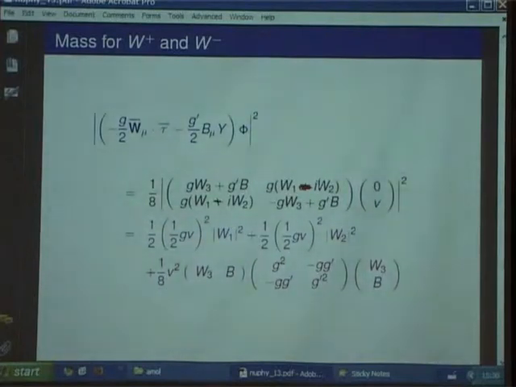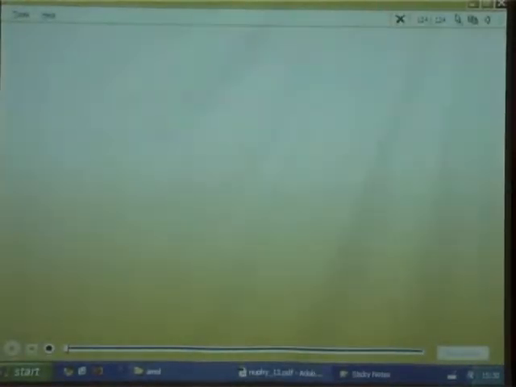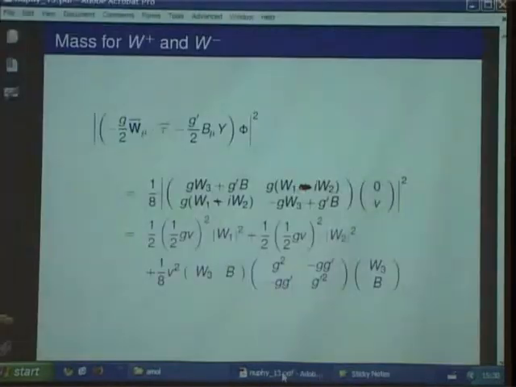Okay, so now what happens? If I multiply this by 0, v, this will give me 0, and this will give me g times W1 minus iW2 times v, mod square. So it gives me g, mod W1 minus iW2, square, times v square.